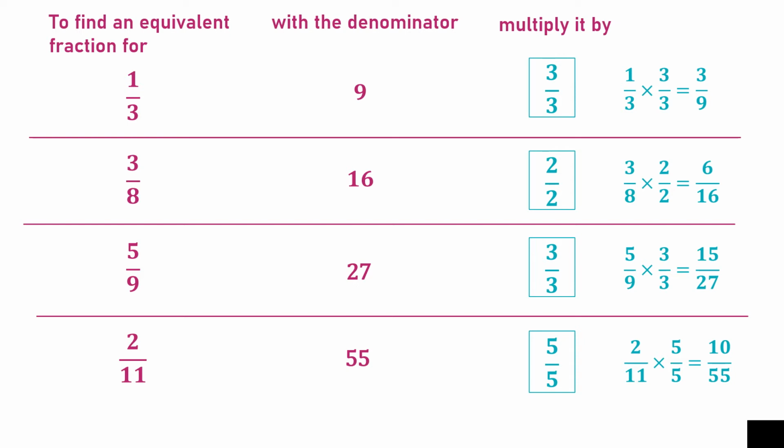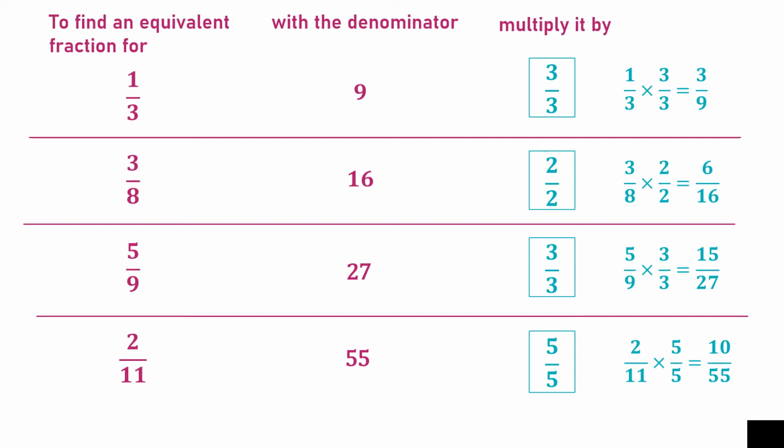We'll do the same for 5/9, looking for a fraction with a denominator of 27 that is equivalent to 5/9. If we multiply 5/9 by 1 in the form of 3/3, we find that the product is 15/27. 15/27 is a fraction equivalent to 5/9, but with a denominator of 27.